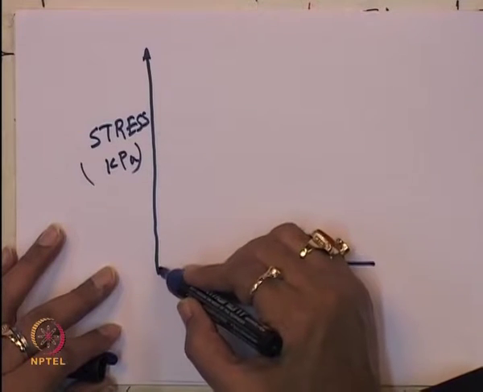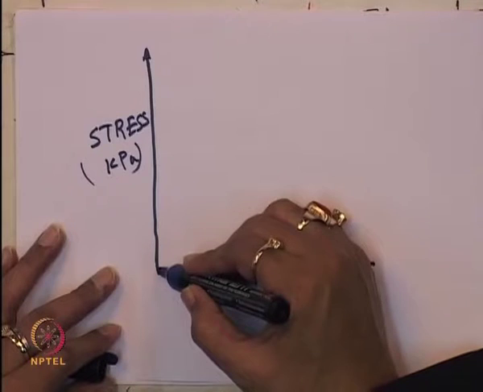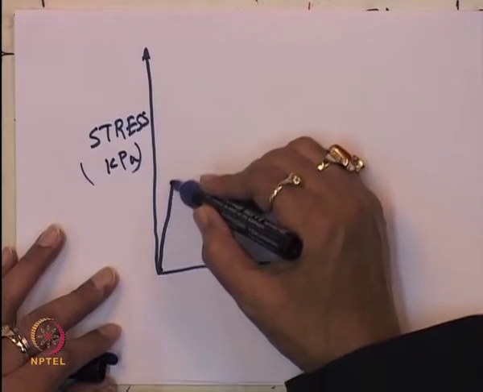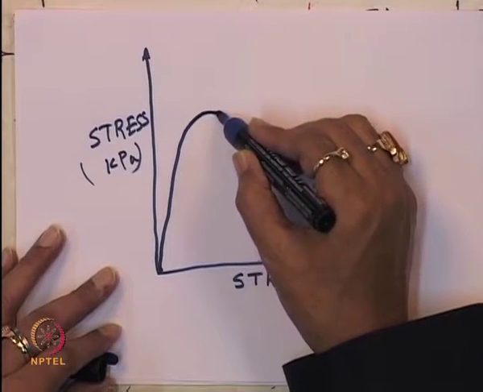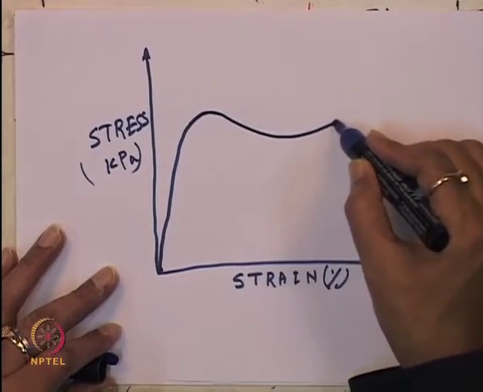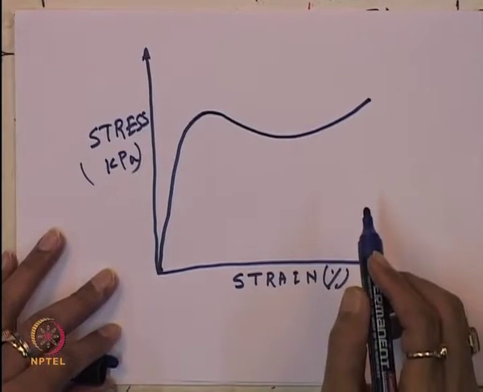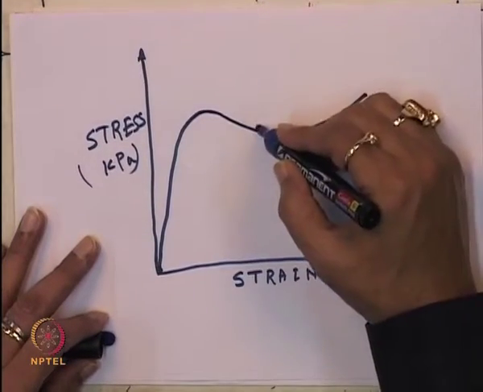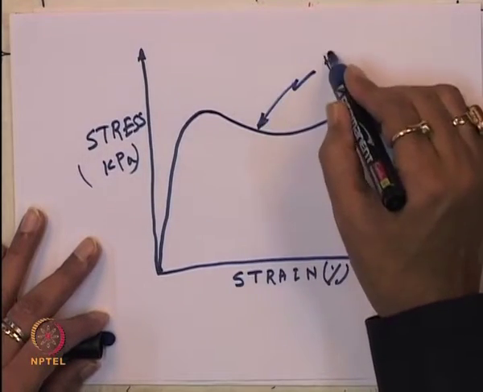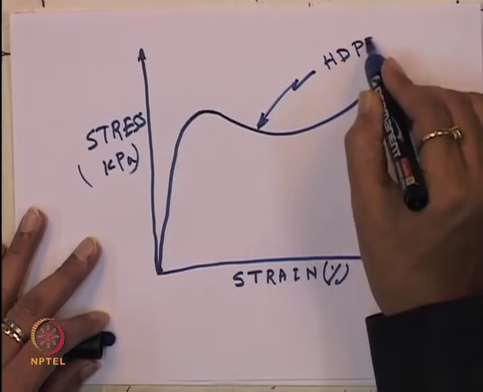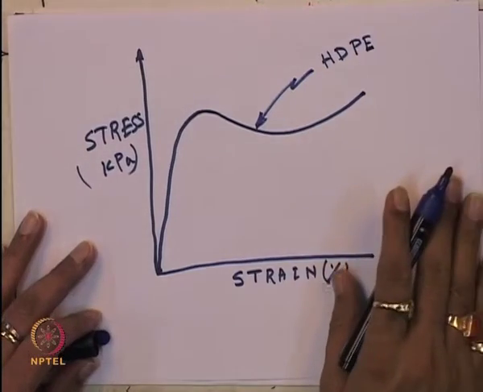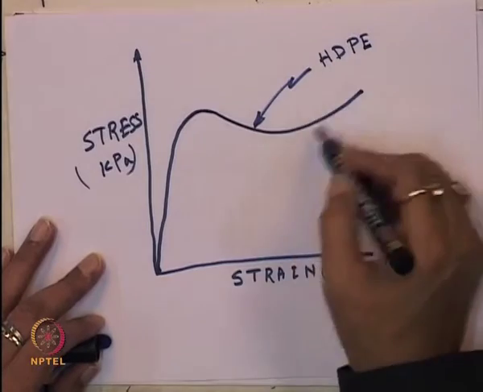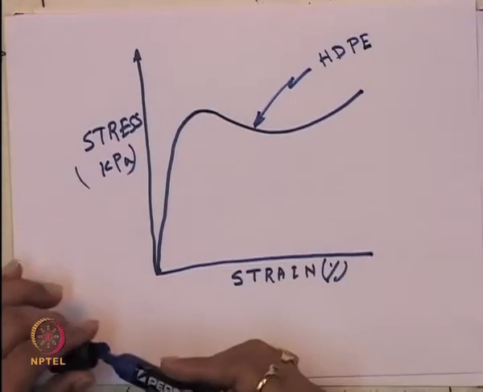So, if it is a high density polyethylene, this curve goes like this and then goes like this, then it is increasing like this. So, this is the high density polyethylene, a kind of ductile behavior.